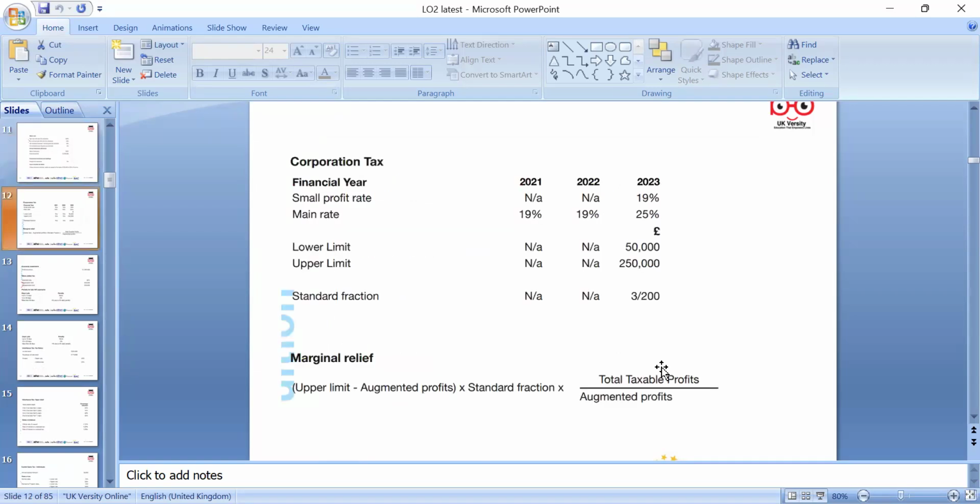Corporation tax is 19%. We have the lower limit 50 and upper limit 250, so we can find the marginal relief: upper limit minus augmented profit, times the standard fraction, and we can calculate the total profit divided by.